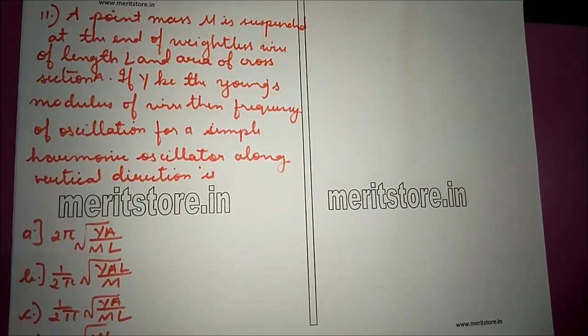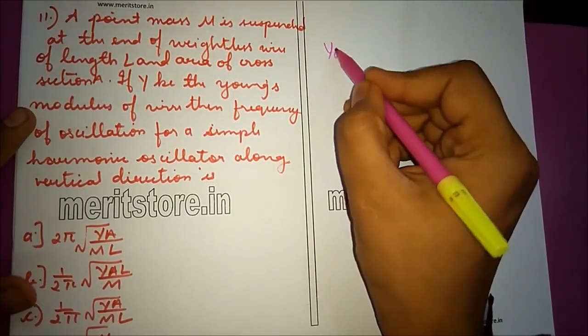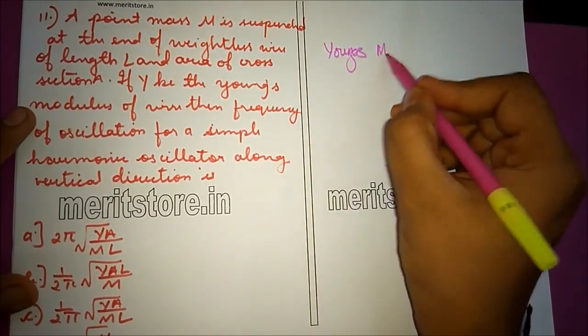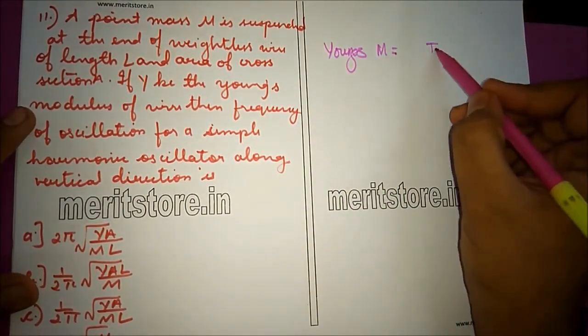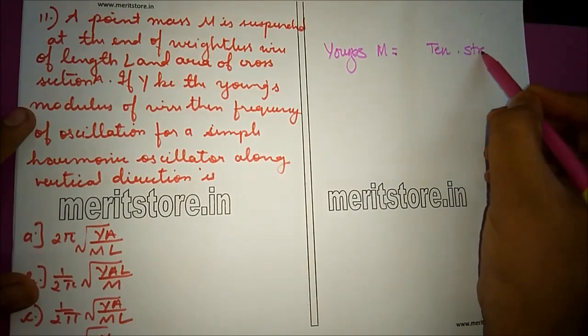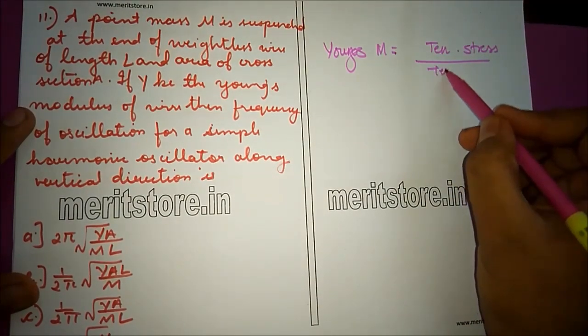Question number 11. A point mass M is suspended at the end of weightless wire of length L and area of cross section A. If Y be the Young's modulus of wire, the frequency of oscillations for a simple harmonic oscillator along vertical direction is. Now we know Young's modulus is equal to tensile stress upon tensile strain.